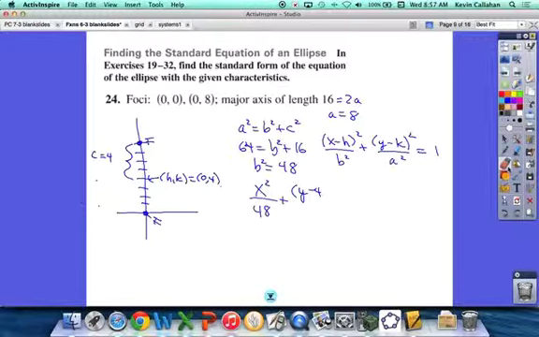It's too sloppy. That's still pretty sloppy, but a is 8, so that's 64. I don't like that at all.